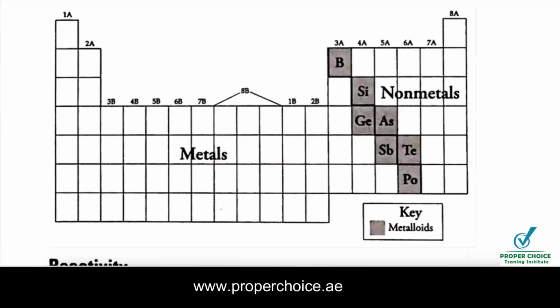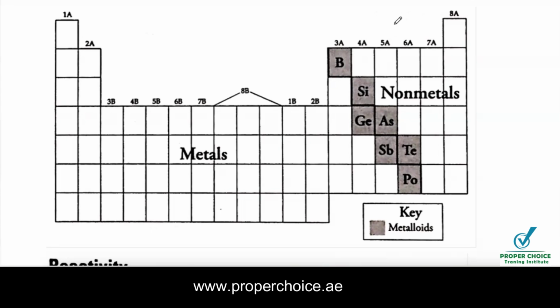So as we have seen here, you can see that these are the elements which are called metalloids, and it is well worth knowing for chemistry exams, not only for EmSAT, but for any chemistry related exams. See, boron, silicon, germanium up to polonium, they all are called metalloids. There are only 7. Please remember them.